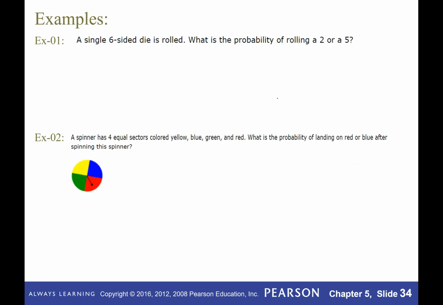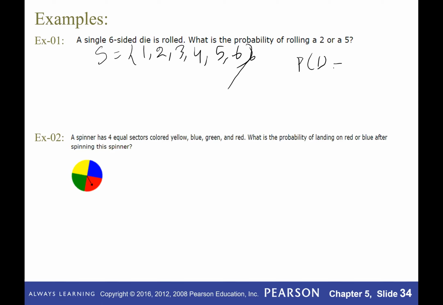Okay, so now we'll go over some more examples. A single six-sided die is rolled. What is the probability of rolling a 2 or 5? If we roll a die, the sample space will be {1, 2, 3, 4, 5, 6}, in curly brackets. The probability of rolling each one is the same, 1 over 6, because we have a total of 6 outcomes.